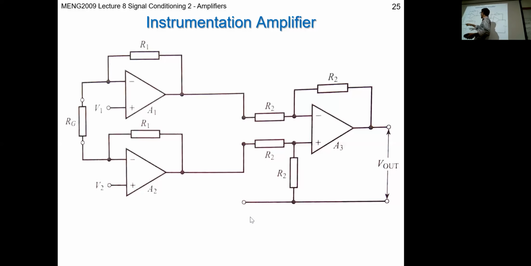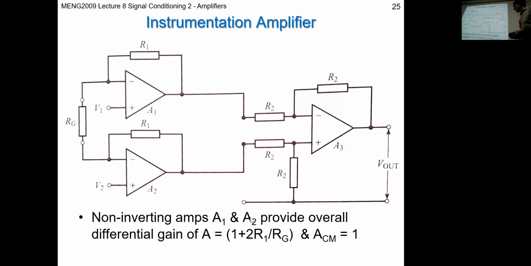Your two input voltages are here and here. Basically the relationship, or the gain, is given by this value R1 divided by your RG in each case. So the overall differential gain A is 1 plus 2R1 upon RG.